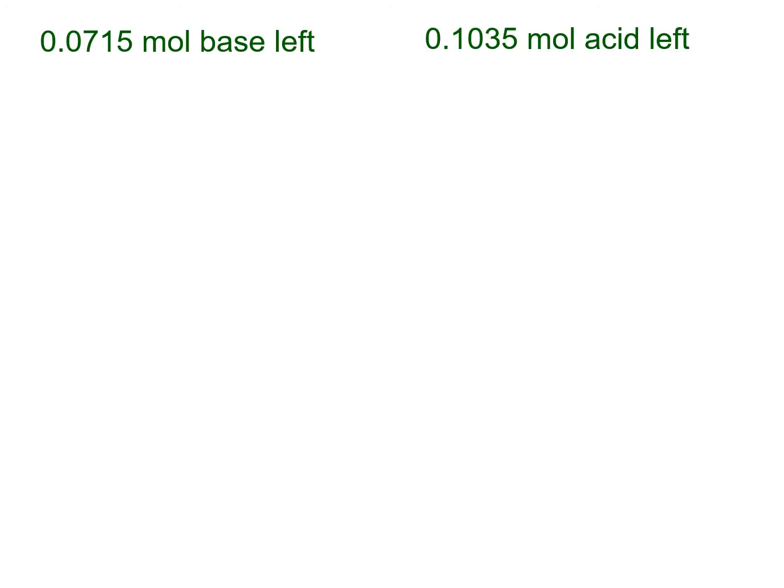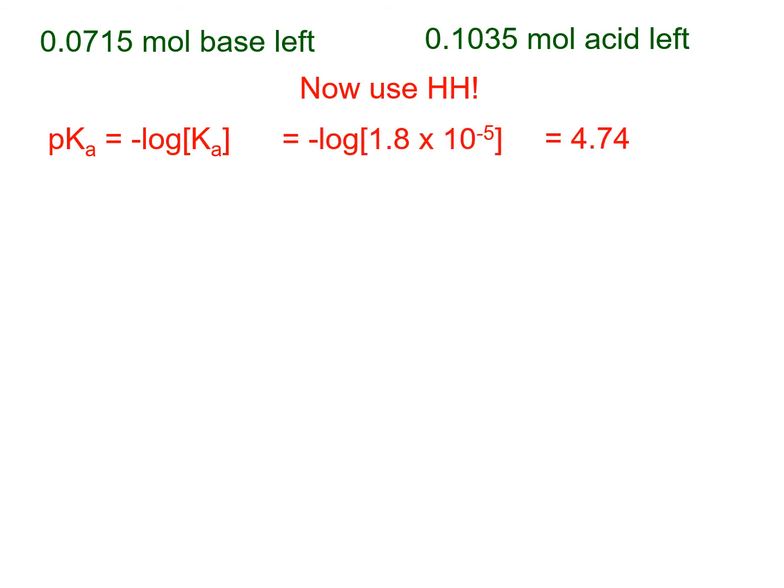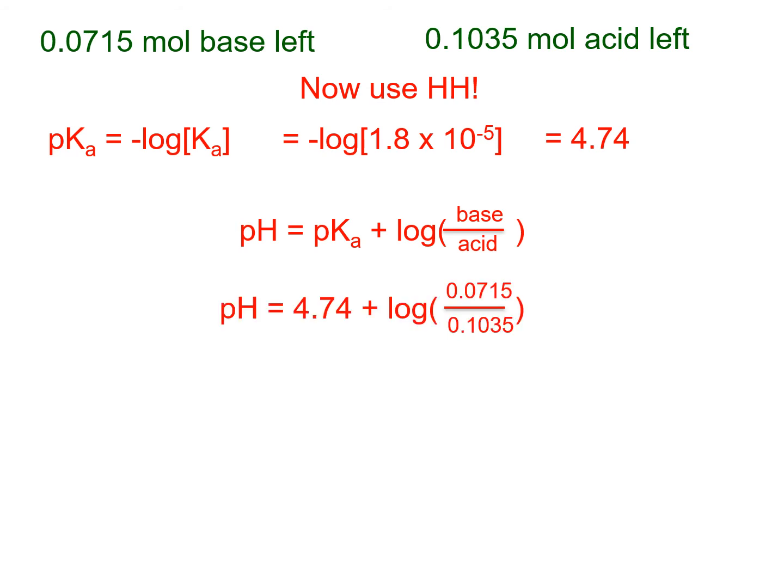Now that I know how many moles of base and acid are remaining, I can go ahead and use the Henderson-Hasselbalch equation. At this point, I already have my pKa from part 1, but I can also recalculate it again if I need to. I then use Henderson-Hasselbalch, putting in my pKa and my number of moles of base and acid to get my new pH.